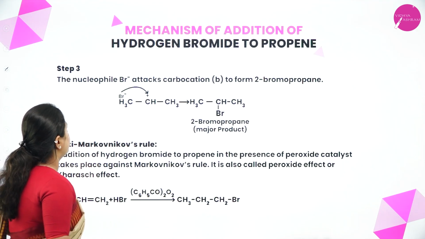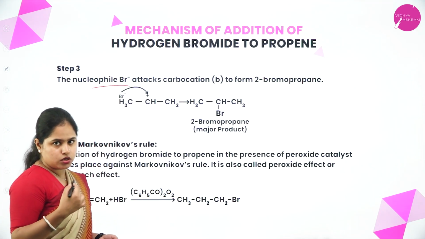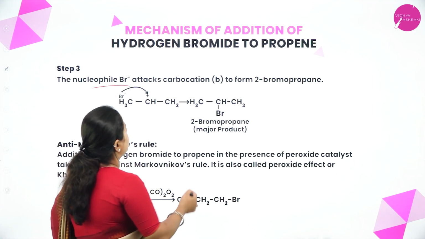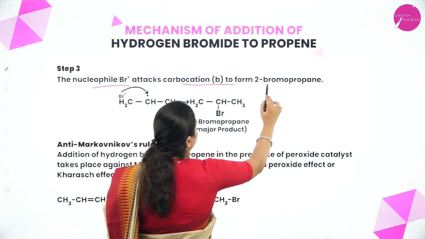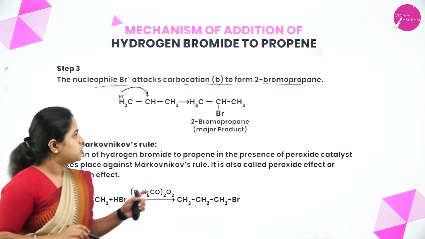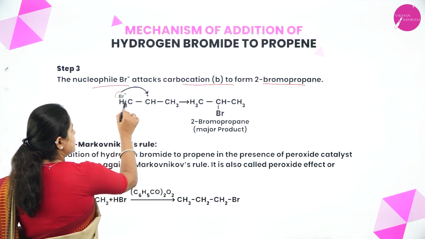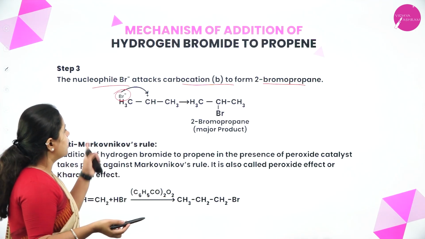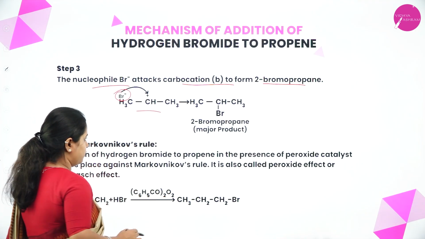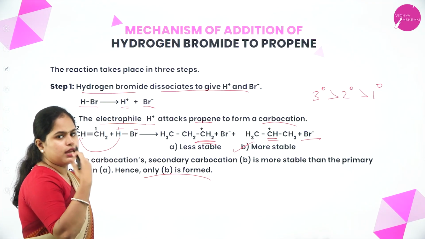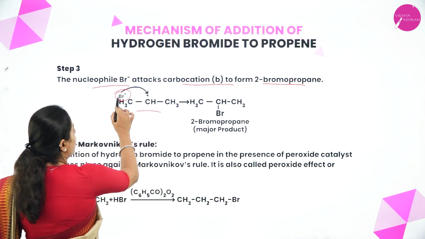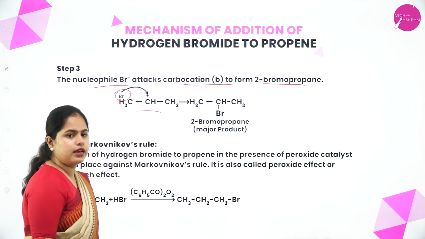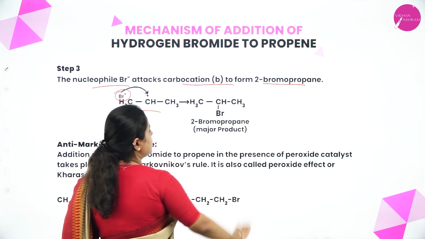Now moving on to the third step, the nucleophile Br minus is also there, right? The nucleophile Br minus attacks the carbocation to form 2-bromopropane. Now the Br minus, which is the nucleophile here, will go and attack B. We already discussed that it is a secondary carbocation. So the Br minus attacks here and you will get CH3, CHBr, CH3.